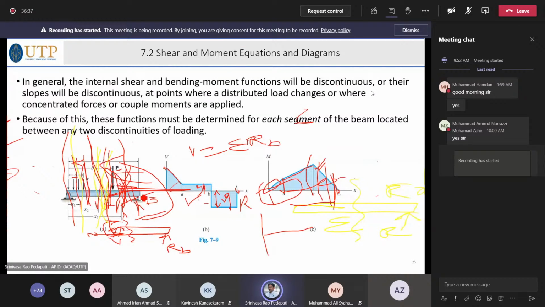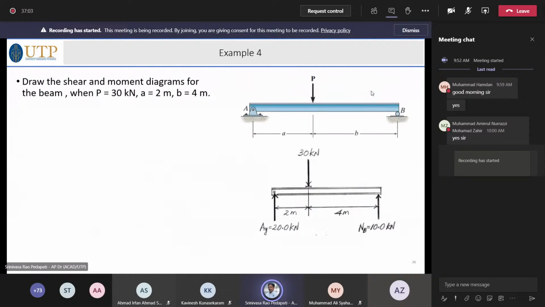Otherwise, in between it is straight only. Sometimes in between it is not straight, when there is a distributed load. So it is constantly decreasing or constantly increasing. To understand this in a better manner, we take an example and try to solve a problem. Then you may get a good idea of what we are talking about.